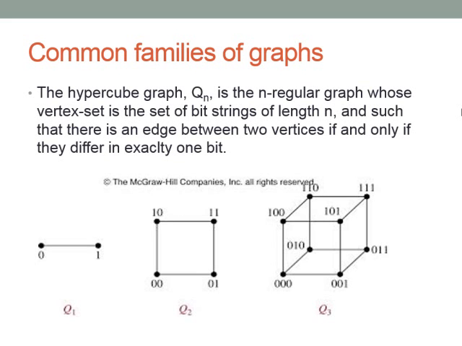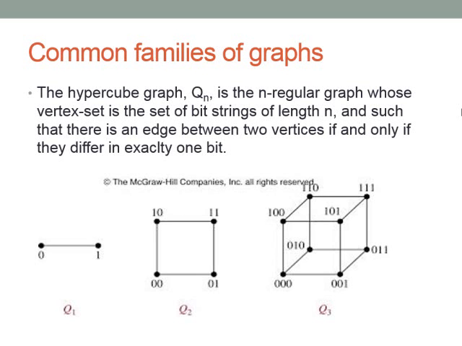They differ in the first position and they differ in the last position. So there's no diagonal. Also, 0,0 and 1,1 differ in both places, so there's no diagonal. But 0,0 and 0,1, they differ in the last position only, so there's an edge.